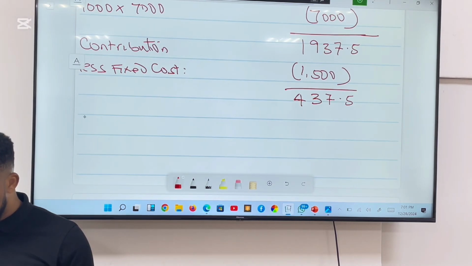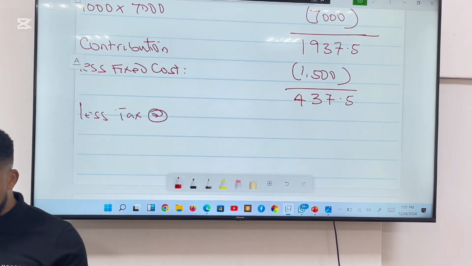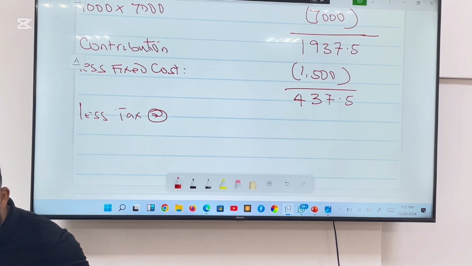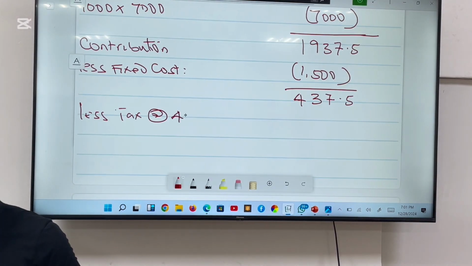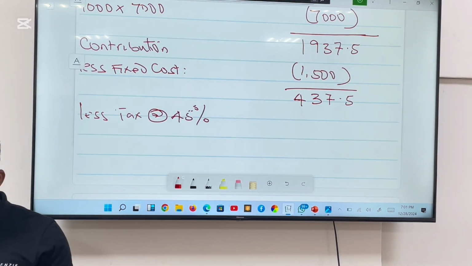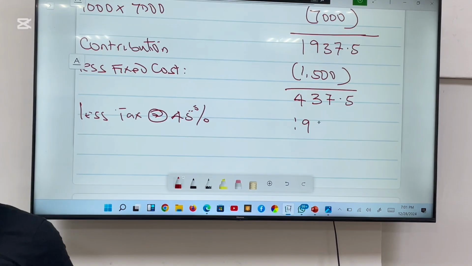Then tax. Less tax. The tax rate here is 45%, country-wise 45%. So if I do 45% of this, multiply by 0.45, that's 196.875.